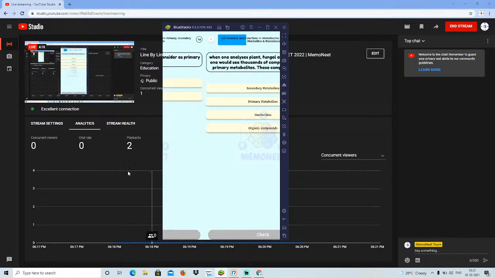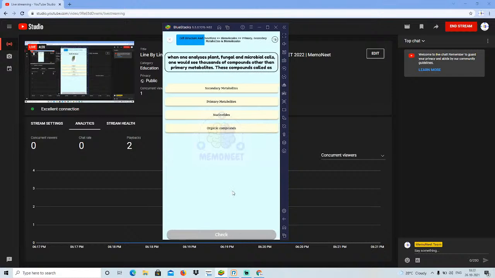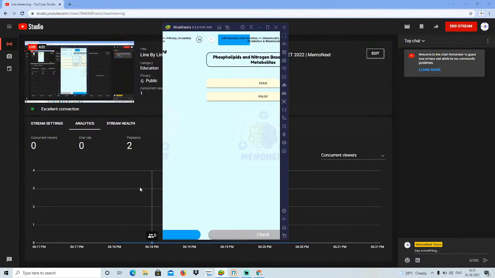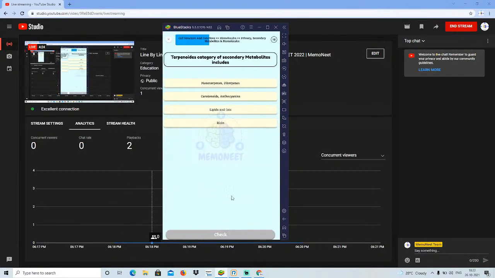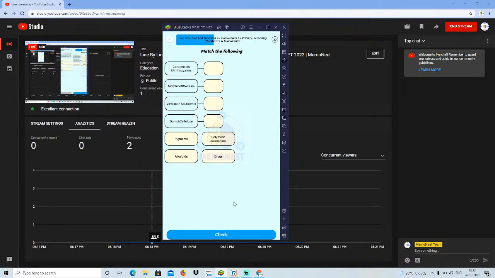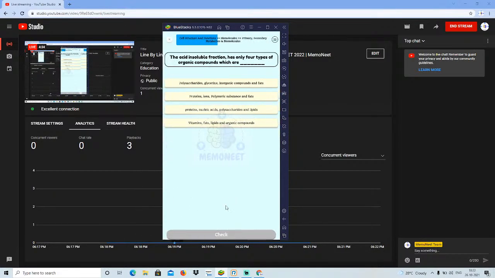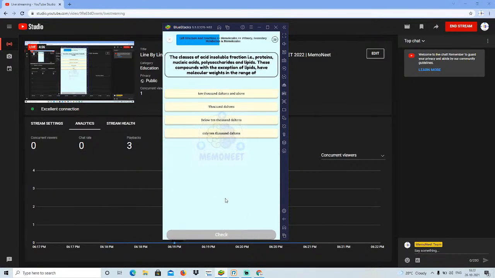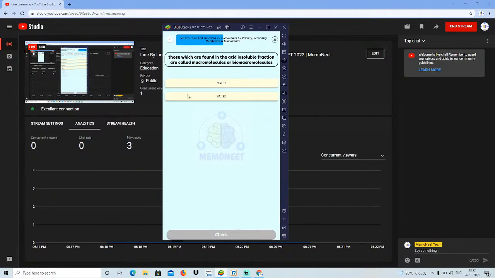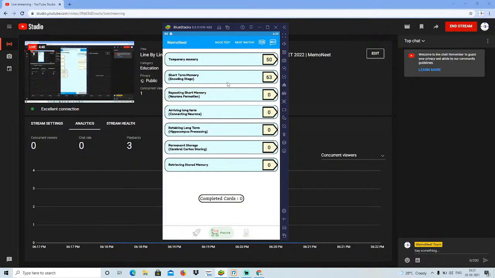Biomolecules. I guess in the temporary memory, all the questions except this are questions that I learned other than in this revision session. So I will probably move to short-term memory and make this 0.